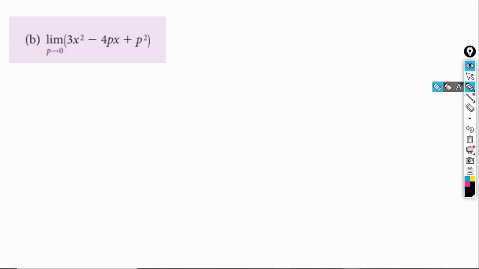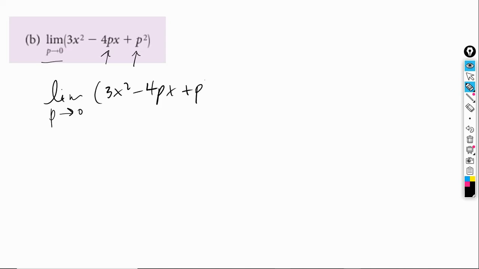For letter B, they ask us to find the limit as p approaches 0. So in this case, it's not x. We just have to be careful with that. So here's one p, and here's the other p. Now in this case, I think the easiest thing to do is to simply plug in 0. So we can say that the limit as p approaches 0. Now notice the notation, you have to use a parenthesis here. 3x squared minus 4px plus p squared.